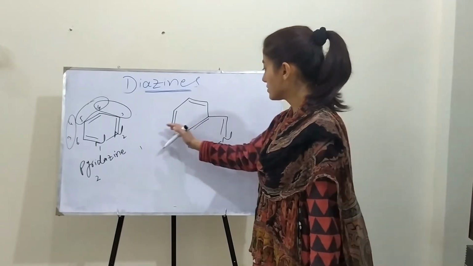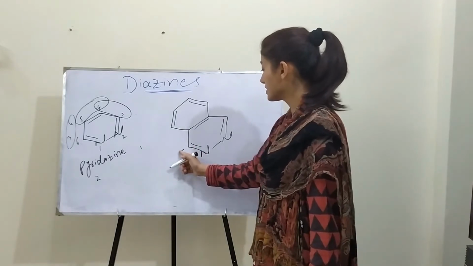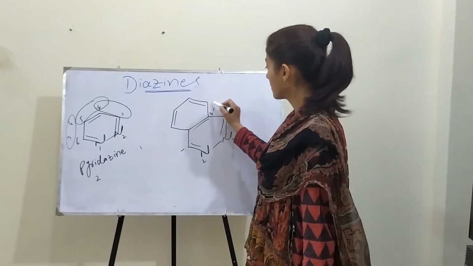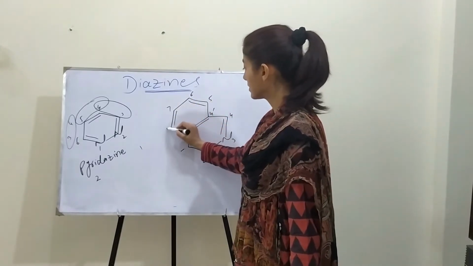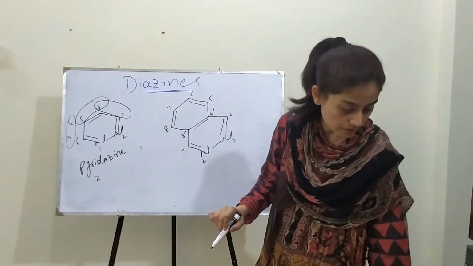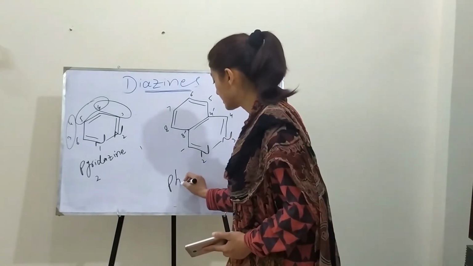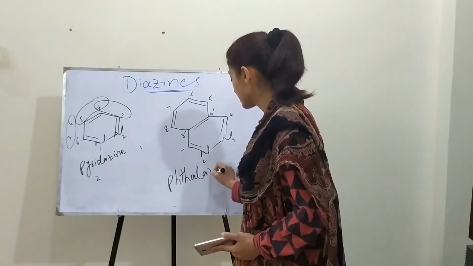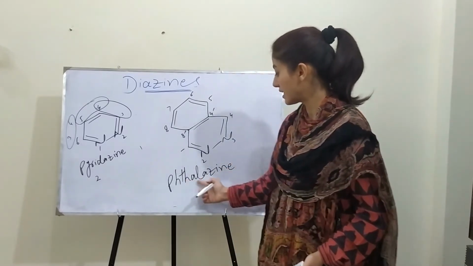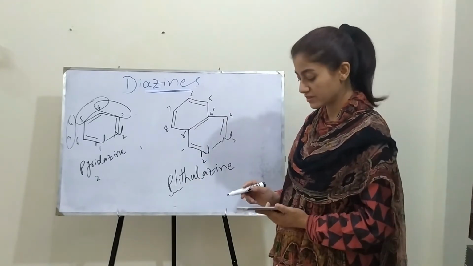So we will start the numbering from this 1, then 2, 3, 4, 4 prime, 5, 6, 7, 8 and 8 prime, this shared carbon, and its name would be phthalazine. It is pronounced as thalazine. The ph is a silent character.